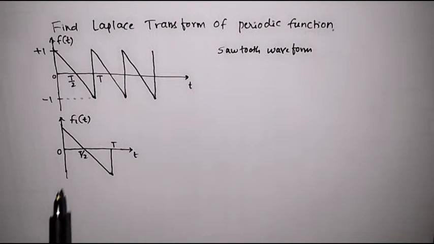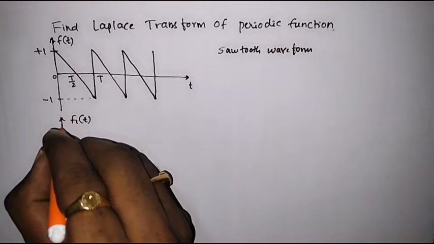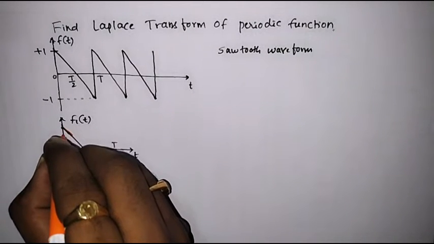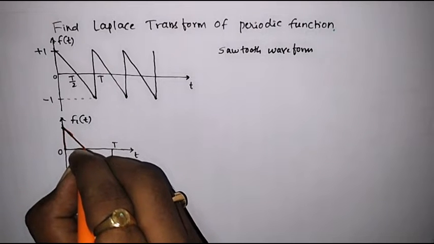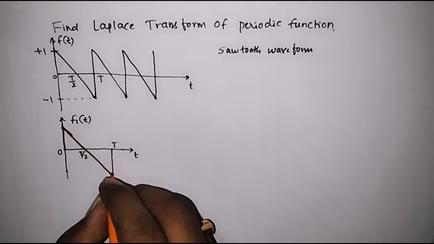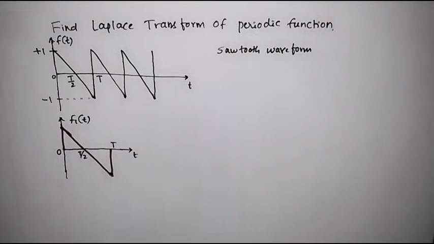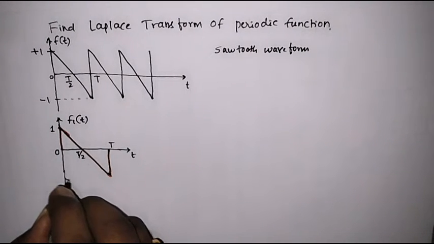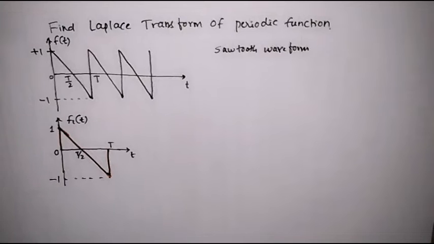Now here we can observe that the signal is like this, and it goes like this, and at this point it will go back to T. The magnitude at this point is 1, and the magnitude at this point is -1.